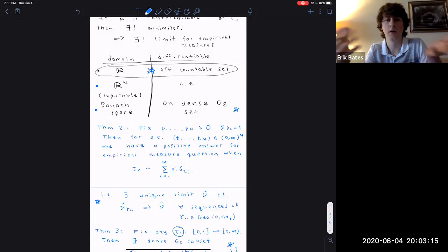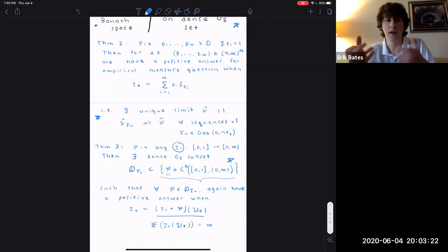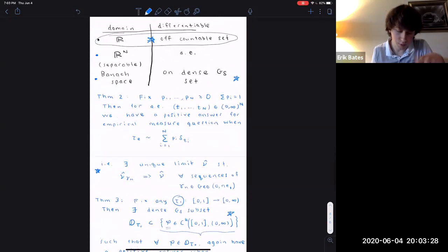For instance, for continuous functions, if I have two different measures on the unit interval, there's some continuous function that has a different value when I use it as my test function. Here, although that's not true for all distributions, all you need is to be able to separate discrete distributions. You don't need to separate all measures on 0, 1. You just need to separate those supported on a fixed set of points.